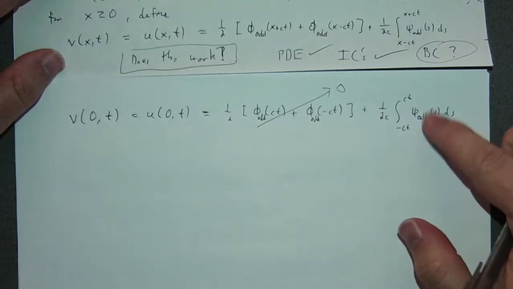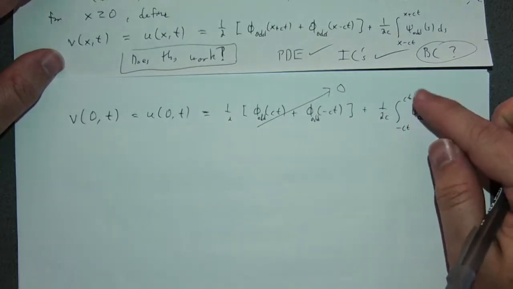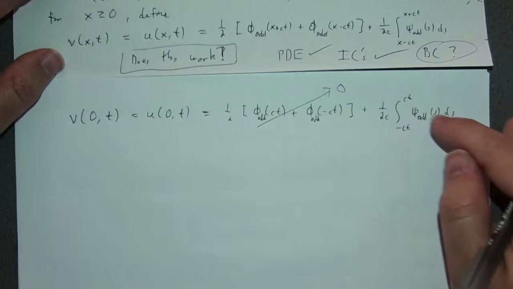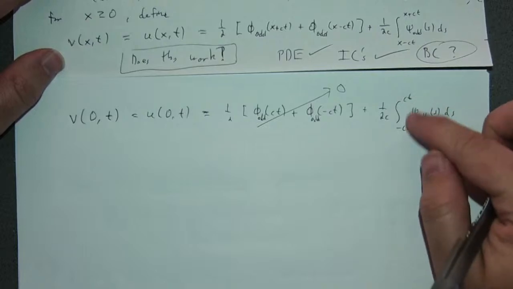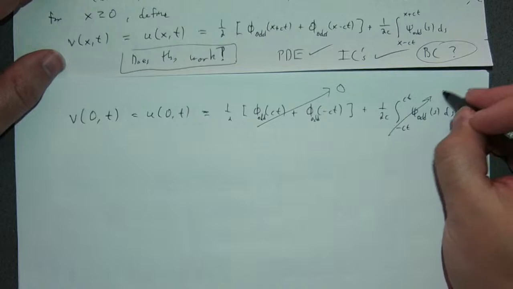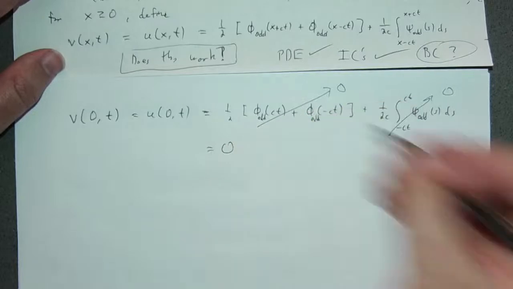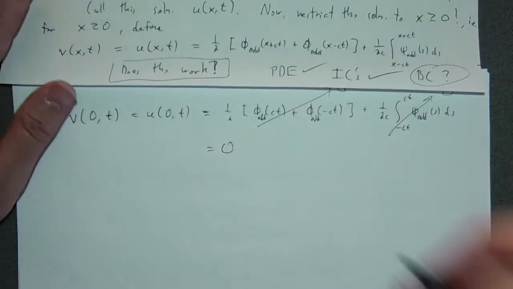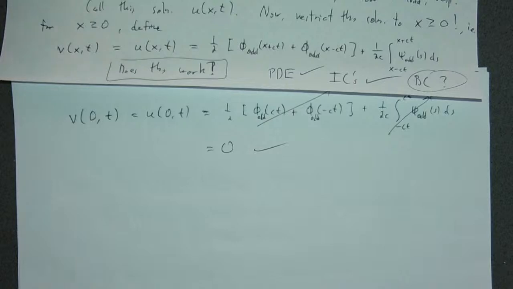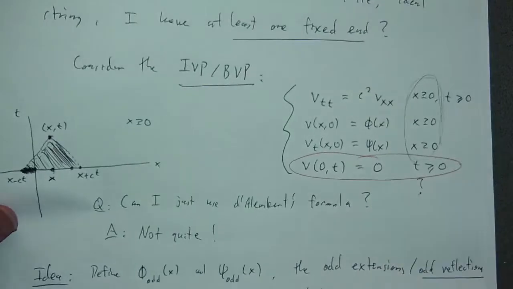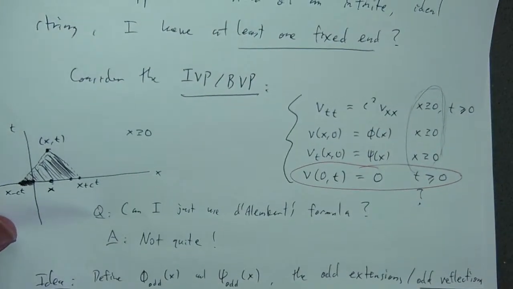Similarly, what happens when you integrate an odd function on an interval that is symmetric about 0? You get 0. So the fact that these are odd causes these terms to go to 0 at 0. So in fact, yes, this is 0. It satisfies the boundary condition as well. And so we truly have found a solution to this IVP BVP.